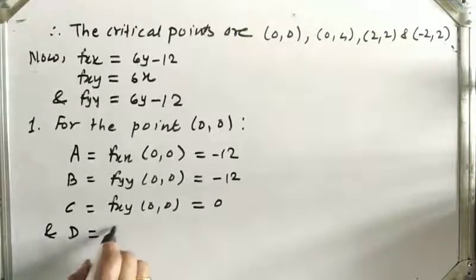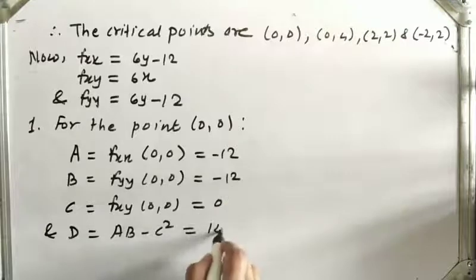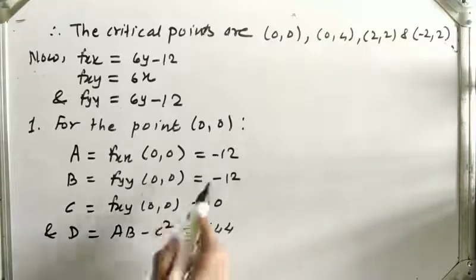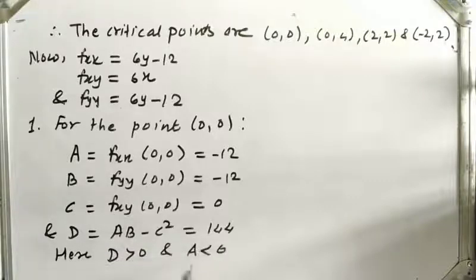And d is equal to ab minus c square, that will be 144. Now here d is greater than 0. What about a? a is less than 0.